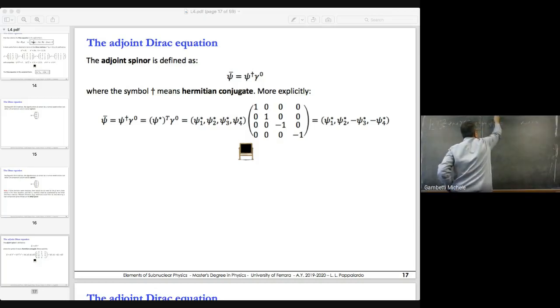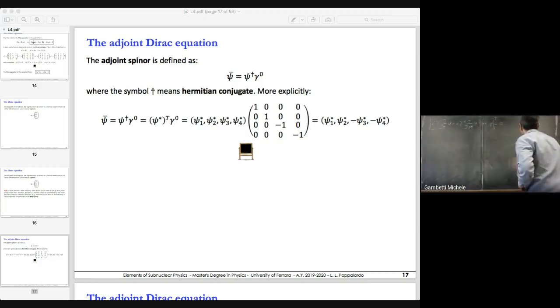We indicate it with this symbol here, which is called the dagger. So let's take the Hermitian conjugate of the derived equation. In doing so, I take the side of the blackboard to write down the main ingredients. The Hermitian conjugate of the spinor is the transpose of the complex conjugate.